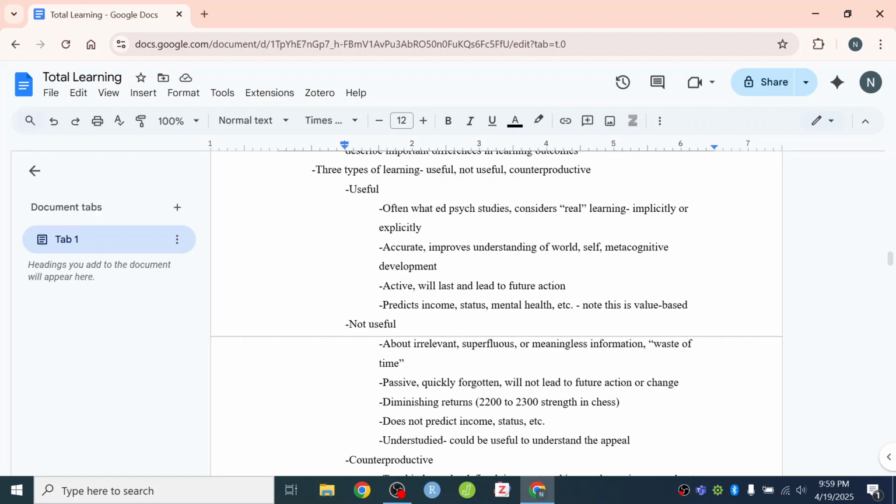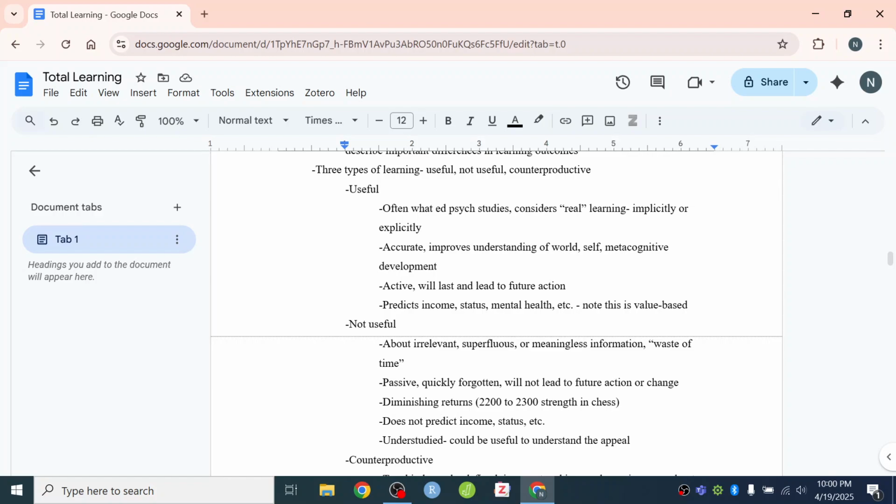And perhaps the things you're learning do not predict better income, status, mental health, etc. They don't seem to lead to these things that we consider to be valued outcomes. I would argue that this category of learning, the learning of not useful information, is broadly understudied, again relating to an implication we discussed before. And it might be useful to study this category of learning.